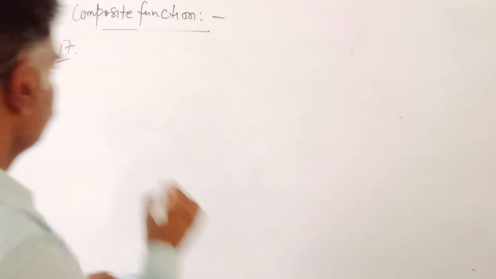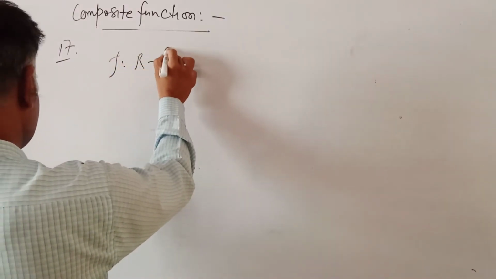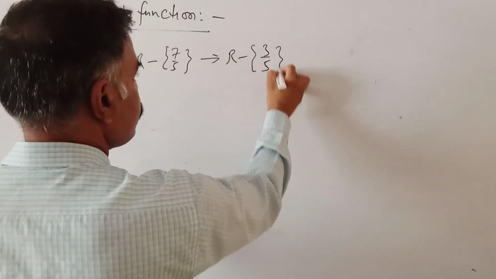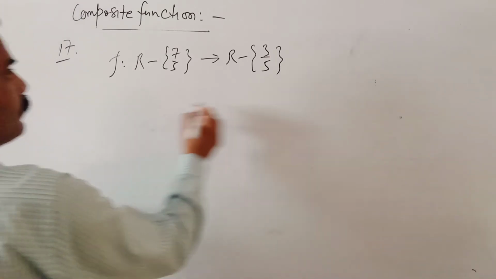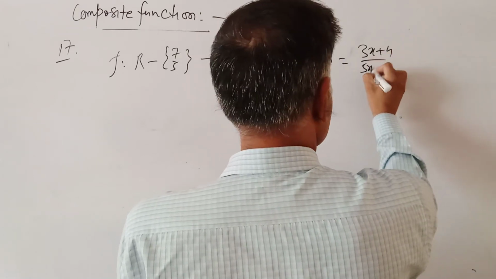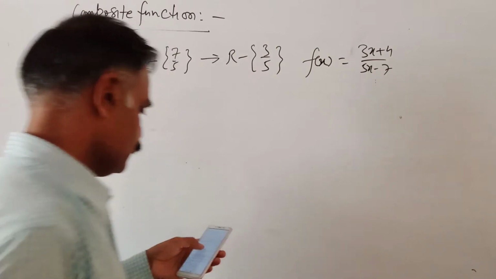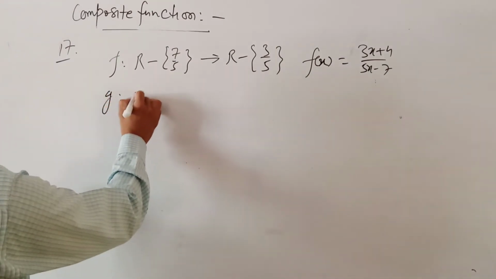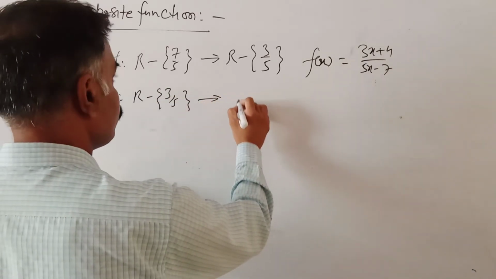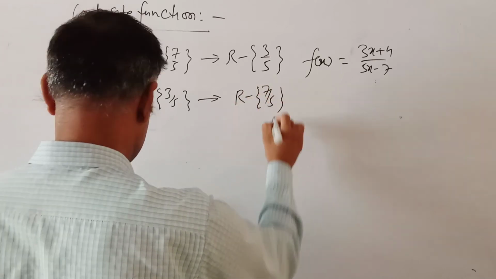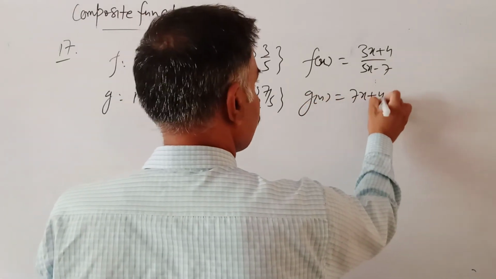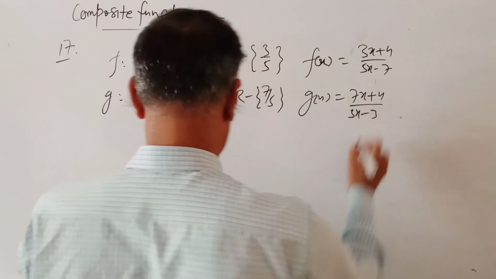Show that f from R minus {7/5} to R minus {3/5} is defined by f(x) equals (3x plus 4) upon (5x minus 7), and g is defined from R minus {3/5} to R minus {7/5} by g(x) equals (7x plus 4) upon (5x minus 3).